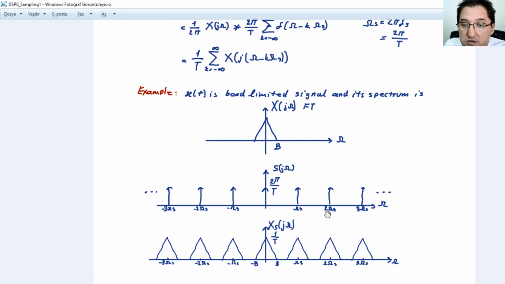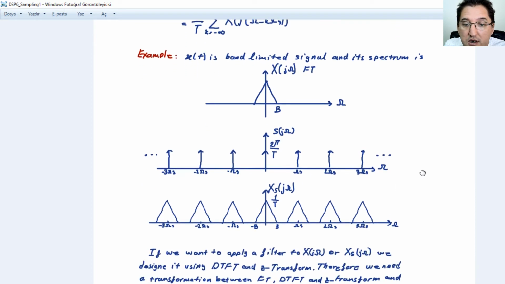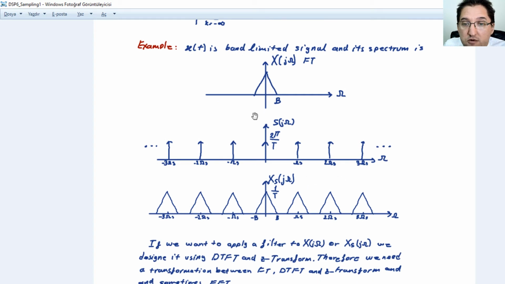Omega s, 2 omega s, 3 omega s are in radians per second. Here the convolution of these two functions is the frequency shift of X, as you can see.